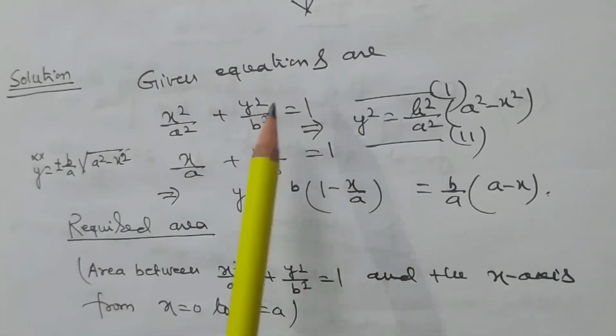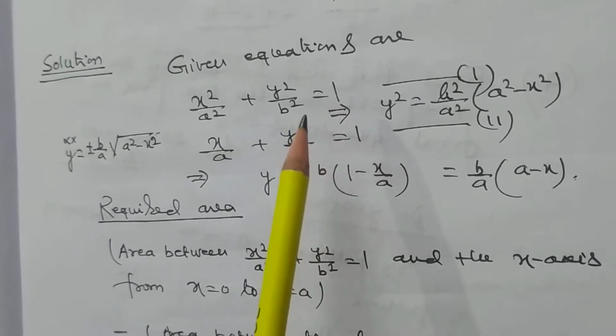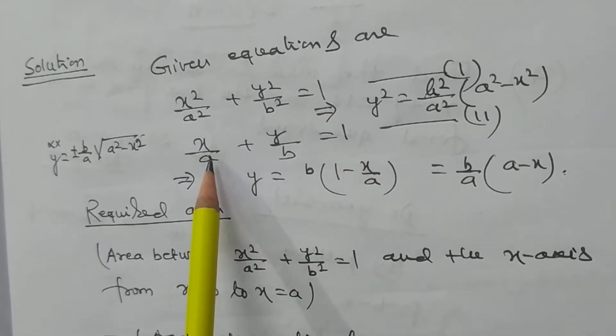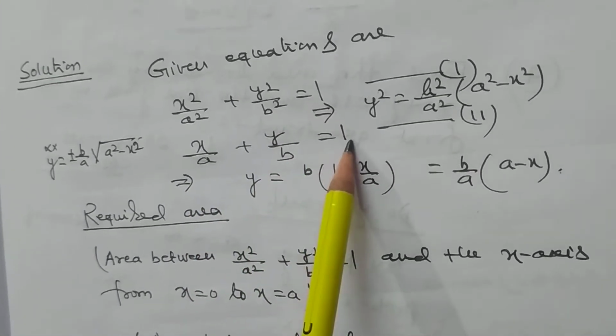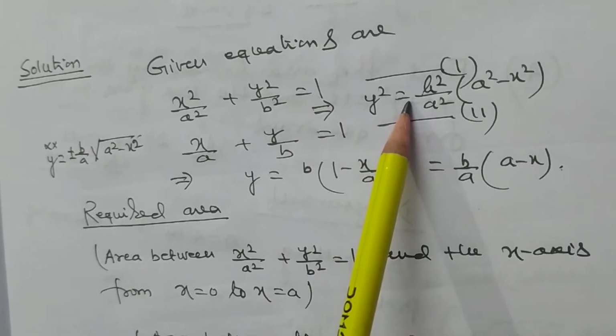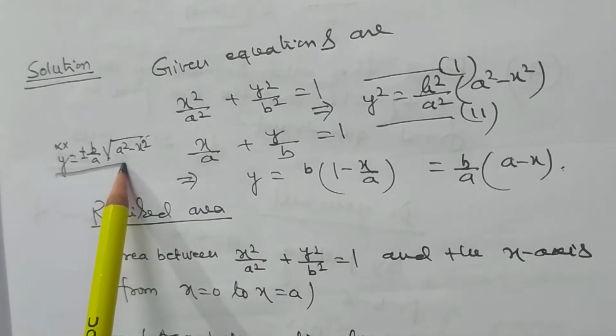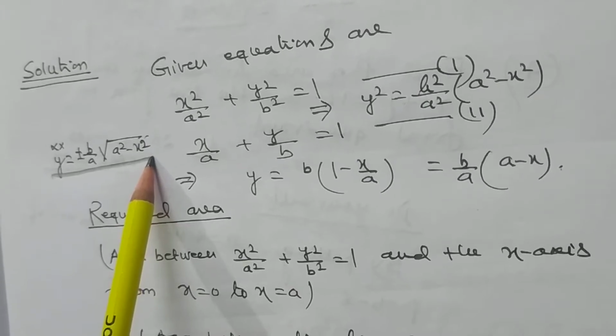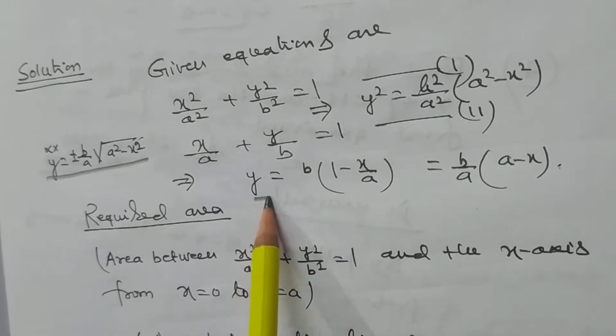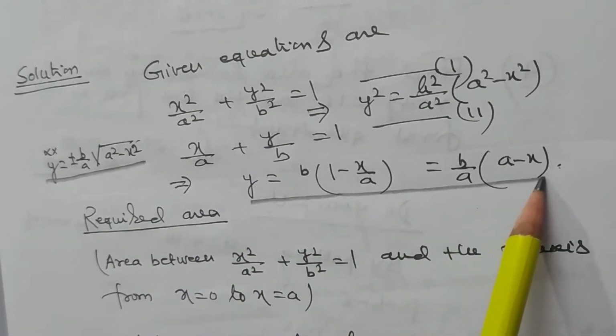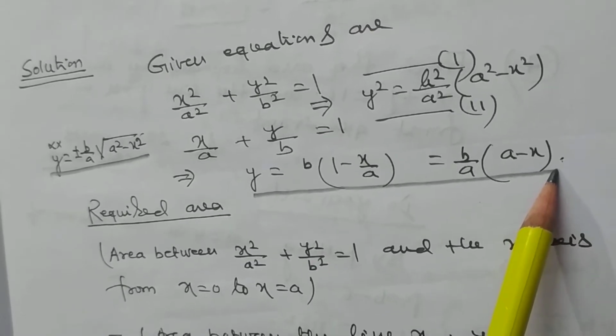Given equations are x square by a square plus y square by b square equal to 1 and the other is x by a plus y by b is equal to 1. From the first equation we have y is equal to plus minus b by a root over a square minus x square, and from the second equation we have y equal to b by a within the bracket (a minus x).